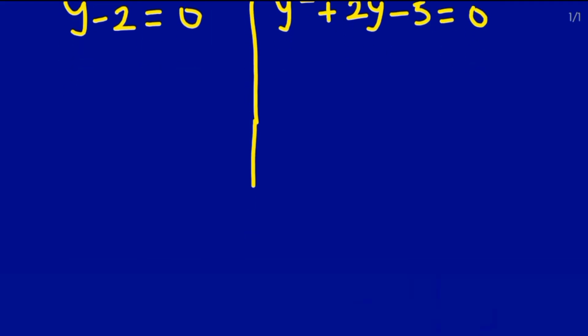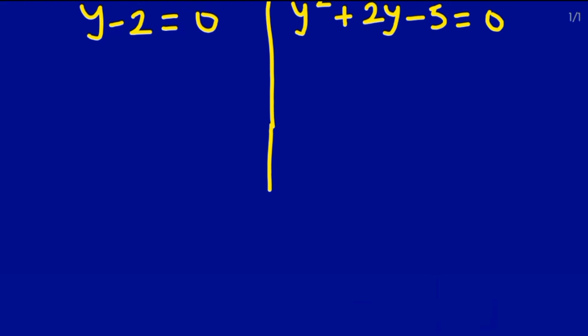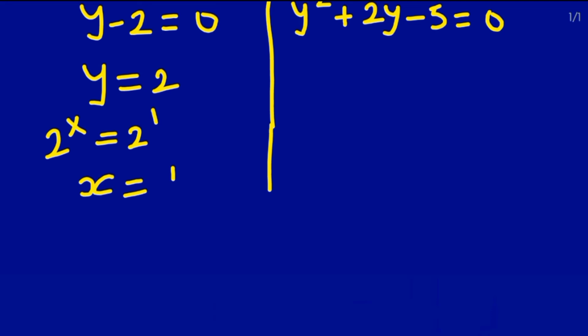Here we have that y is equal to, when you take 2 to the other side of the equation, 2, and the value of y is equal to 2 raised to the power of x. So we have 2 raised to the power of x equal to 2 raised to the power of 1, making our x equal to 1.